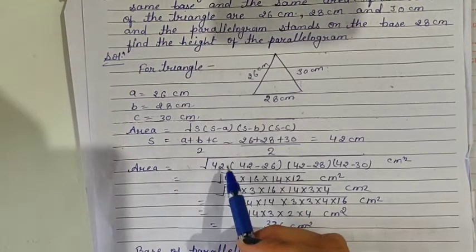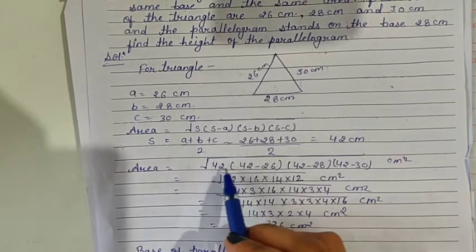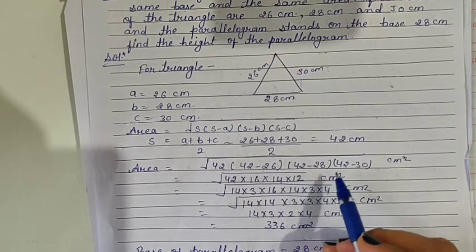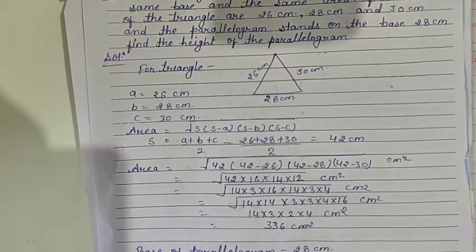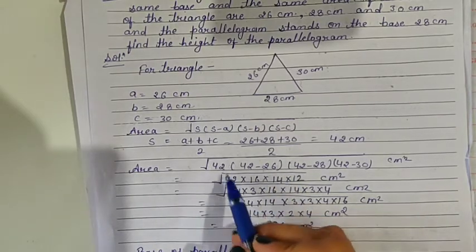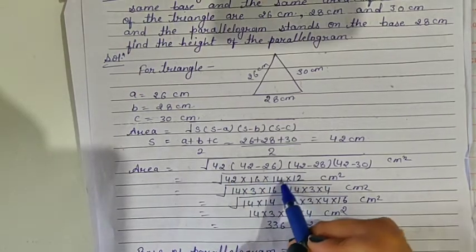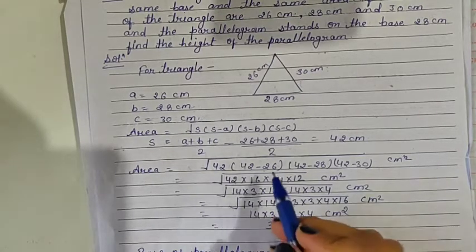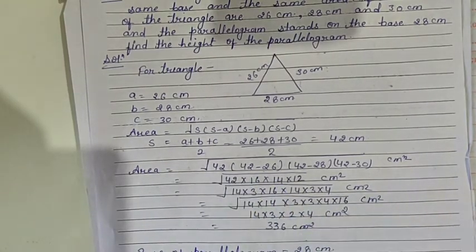So area is equal to square root of 42 into 42 minus 26 into 42 minus 28 into 42 minus 30 centimeter square. Now we will solve this. 42 into 16 into 14 into 12 centimeter square. Students, now we have to find square root of this.